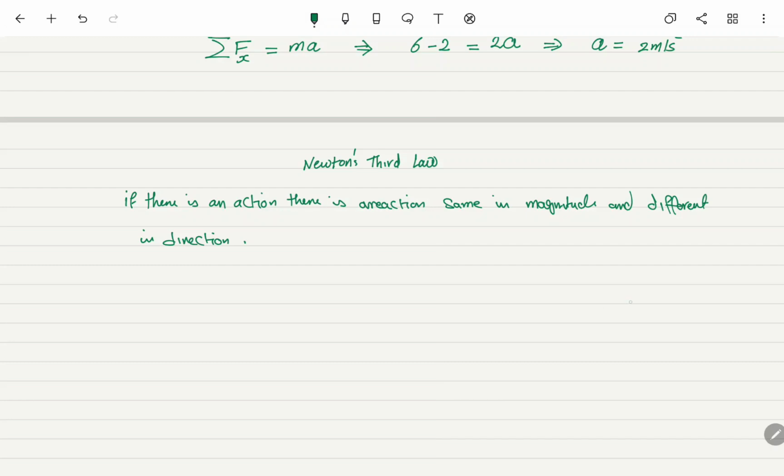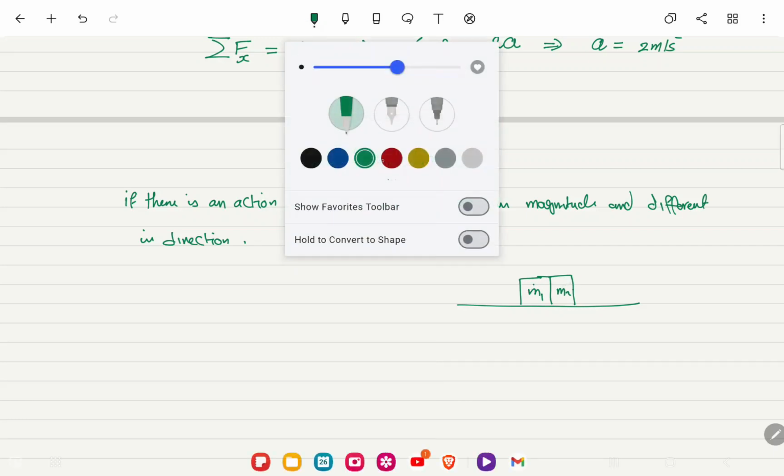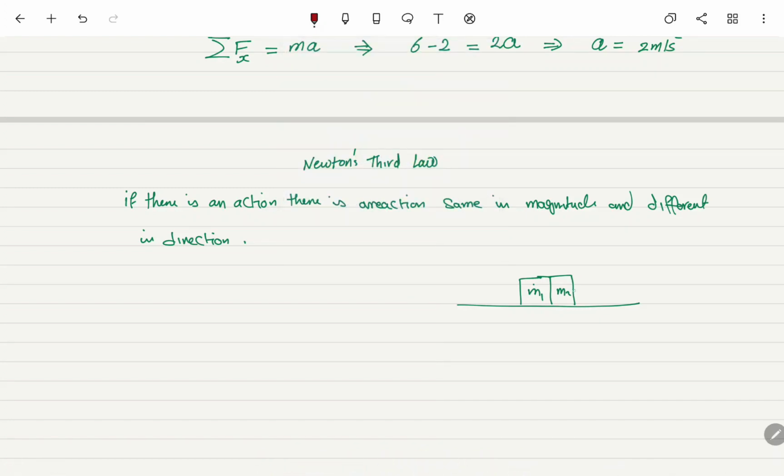Let's have a simple example here. We have two masses, m1 in contact with m2. Here we have two forces, F2 on 1 and F1 on 2. F1 on 2 is directed this way. Let's change the color. This way is F1 on 2, and we have the same force, same magnitude, but different direction.